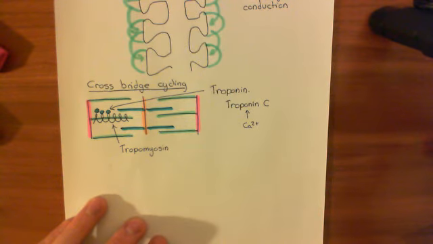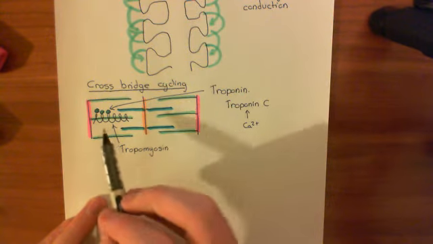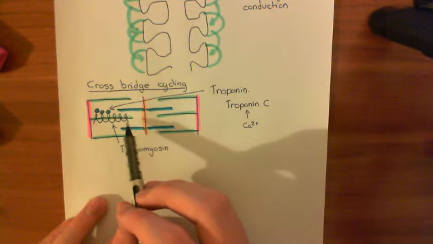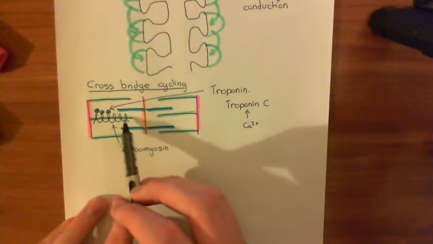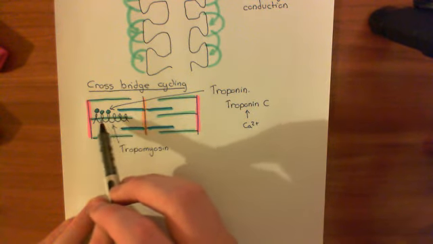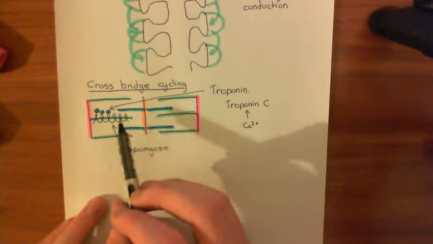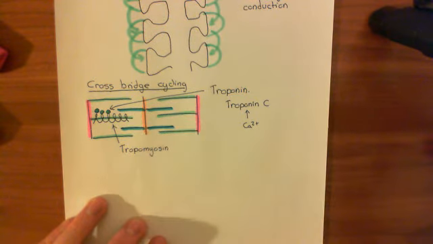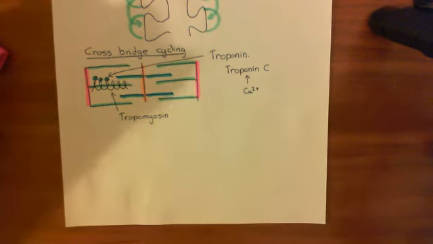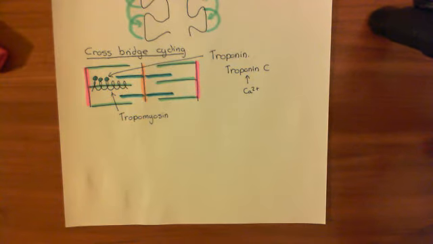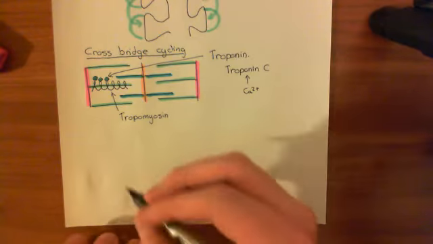When troponin undergoes this conformational change, it moves the tropomyosin slightly so that the tropomyosin wrapped around this actin filament no longer blocks the myosin filament from being able to interact with the actin filament. So now the myosin filament can start interacting with the actin filament, and it can start the process of crossbridge cycling. Let me now describe to you the process of crossbridge cycling.